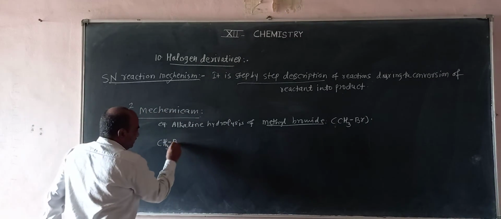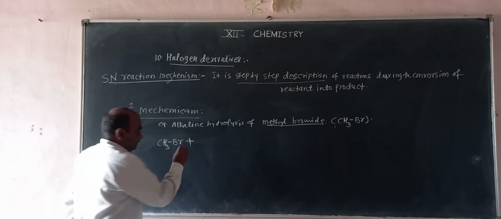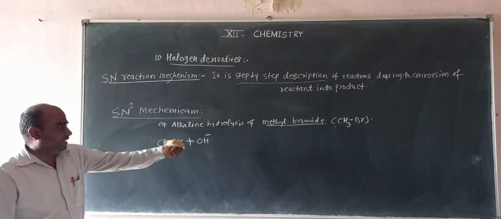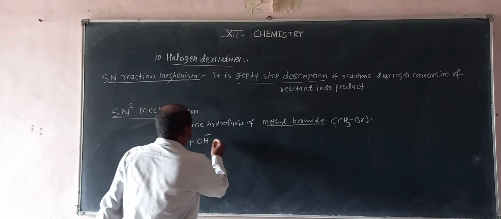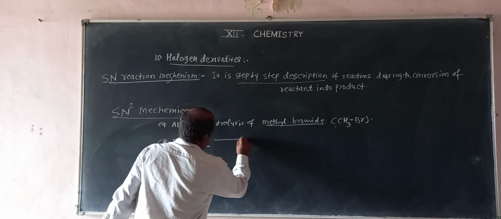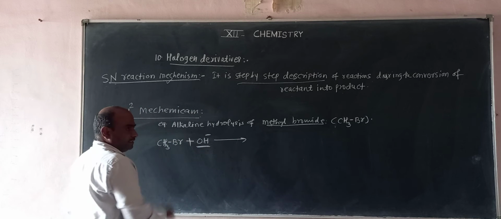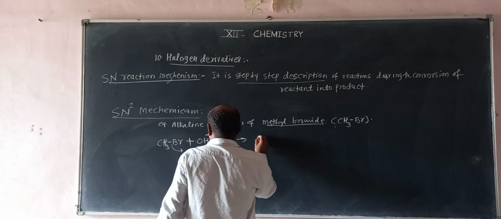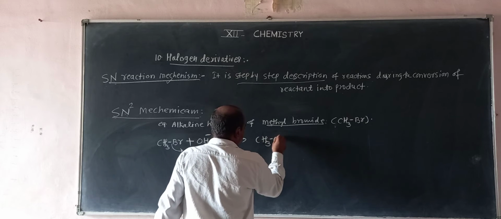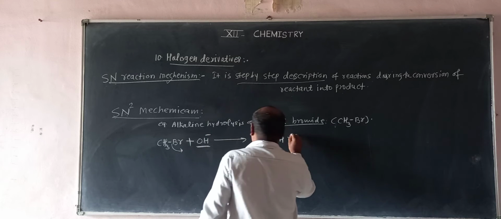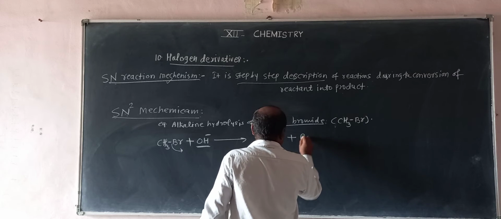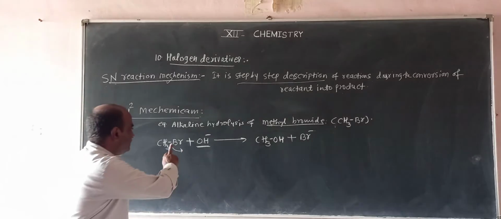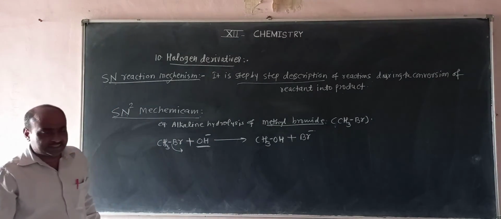Simply methyl bromide plus either NaOH or KOH, that is, the nucleophile attacks the methyl bromide and replaces the bromine atom, and you get alcohol as the main product, plus Br minus gets replaced there. So this is the actual reaction that takes place.